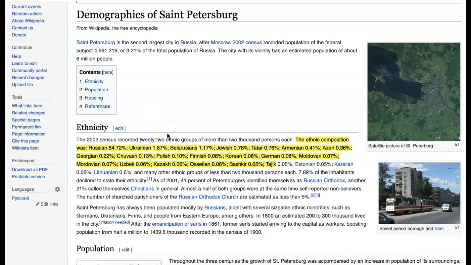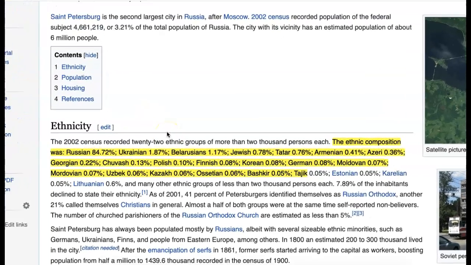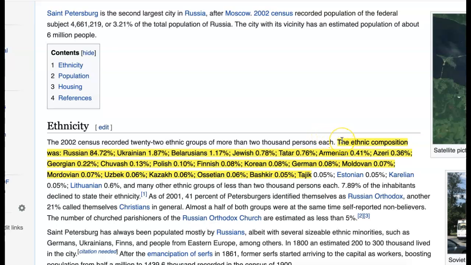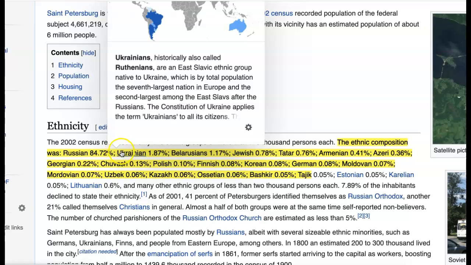So here we have information on people's ethnicities, and we have percents assigned to those ethnicities, which is great.